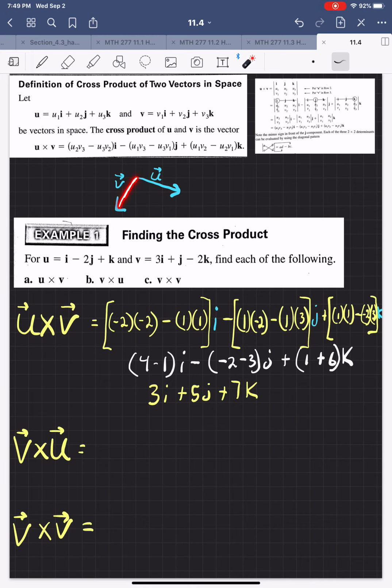Can you just imagine, so we have two vectors, v and vector u, that are in a plane, right? Now, what if you wanted to create a vector that would be perpendicular to both vector u and vector v? In other words, what if you wanted a vector that's orthogonal to these other two vectors?